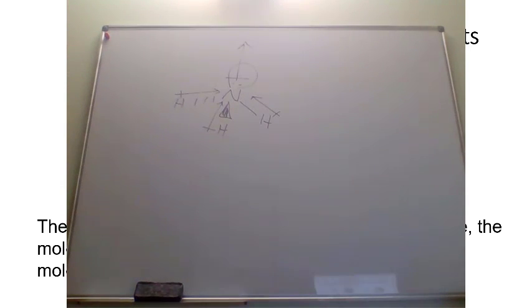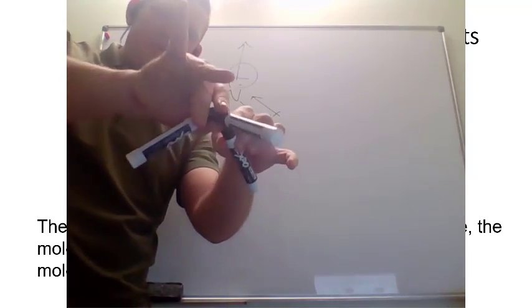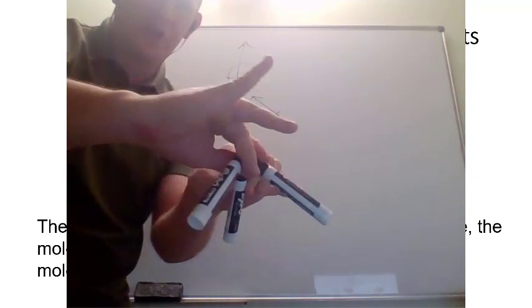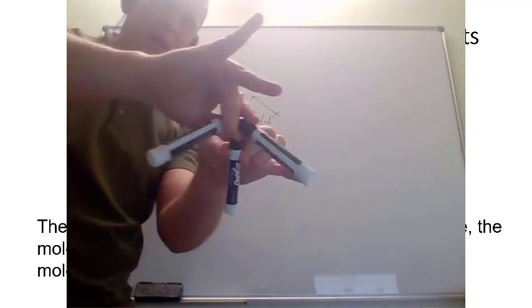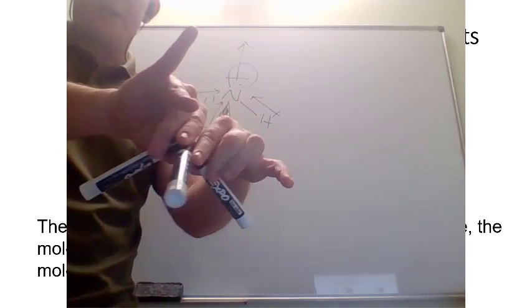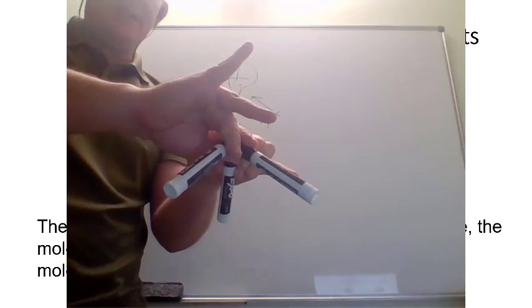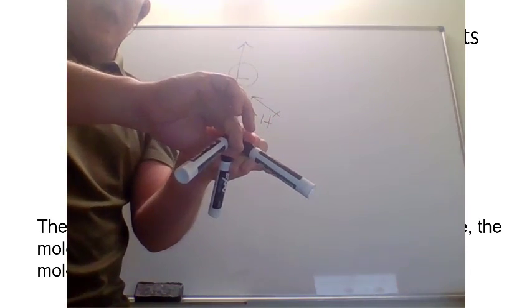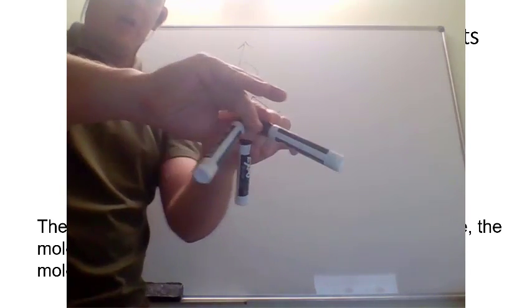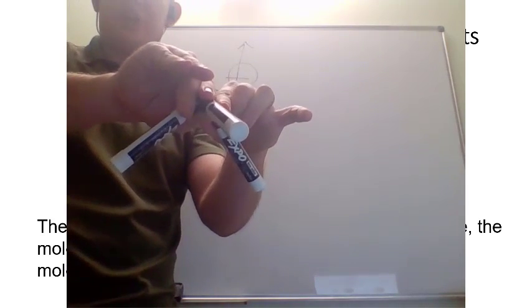So if I grab a couple of my pens, we can visualize what's going on here. So hopefully you can see here on the camera, we have a trigonal pyramidal structure. Okay, and so if we think about a Cartesian coordinate, a three-dimensional coordinate, where we have X, Y, and Z, hopefully you can see that the X and Y dimensions of this trigonal pyramidal structure are going to cancel each other out.